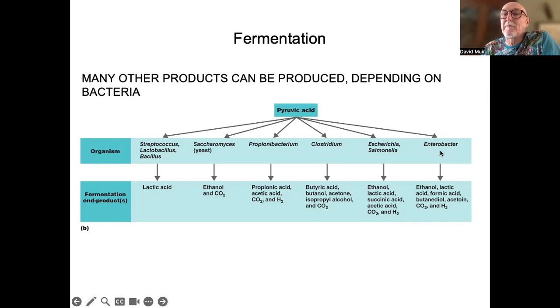This one here, Enterobacter, also a gut bacteria, produces ethanol and lactic acid, formic acid, and it produces a substance here called butanediol and acetoin. And I have mentioned these because in lab you may do tests which discriminate this group here from this group here by looking for that.